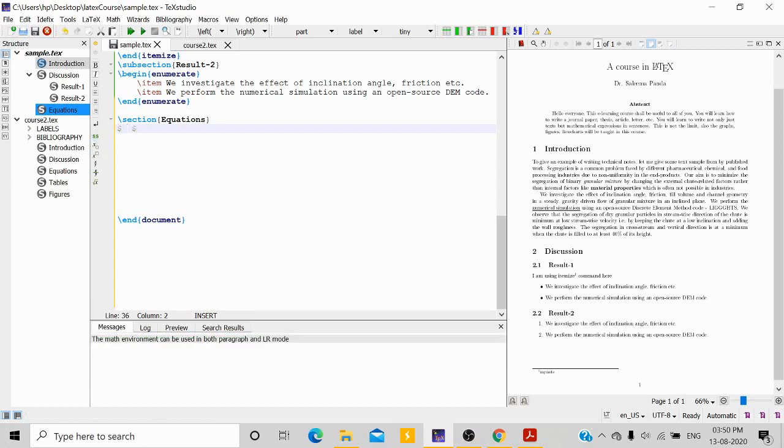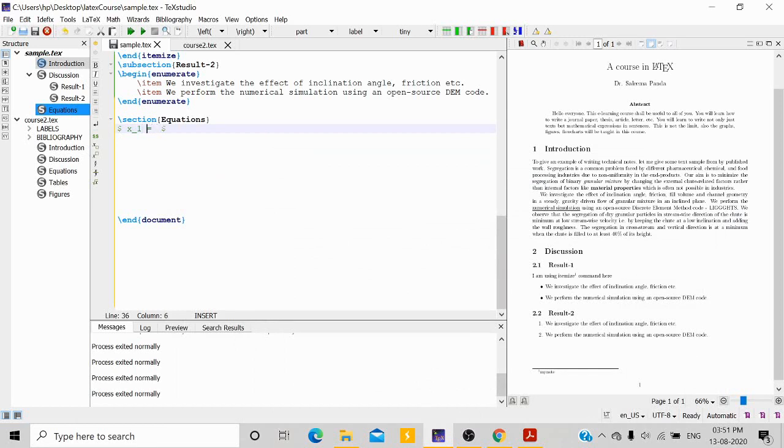Directly it will show you the dollar signs. Either you can do this or you can write it yourself. My equation was x1 is equal to, so x underscore 1. You see everything will be in green color because this is under mathematical mode.